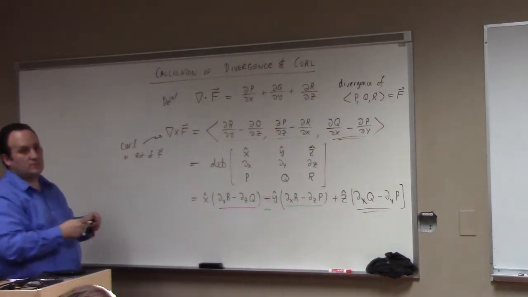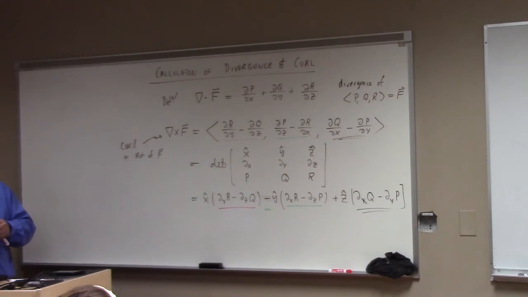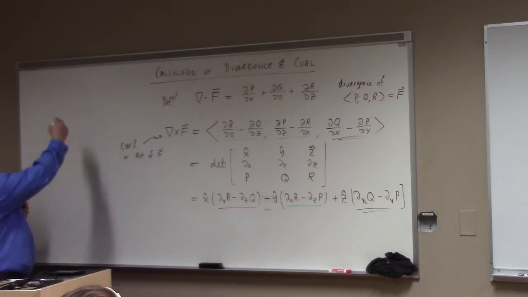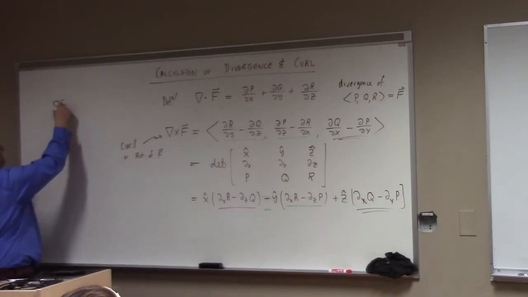Right. So the larger discussion here is that we have divergence, we have curl. There's something else we've already done though, right? What's the thing we've already done? Remember? Nabla F is what?